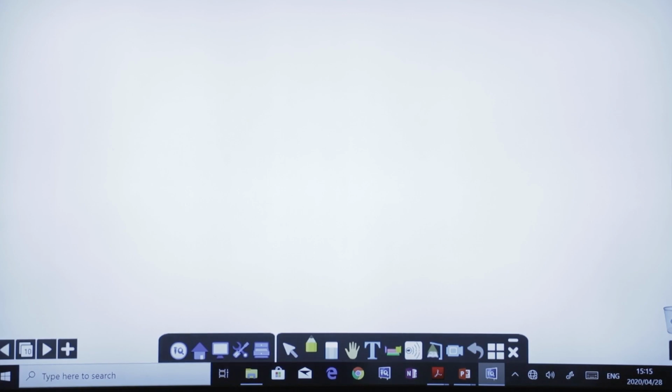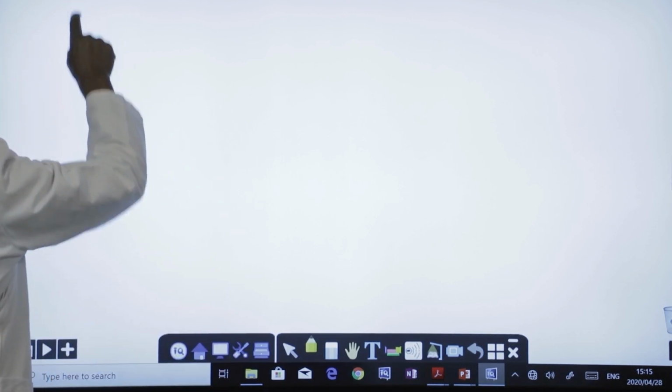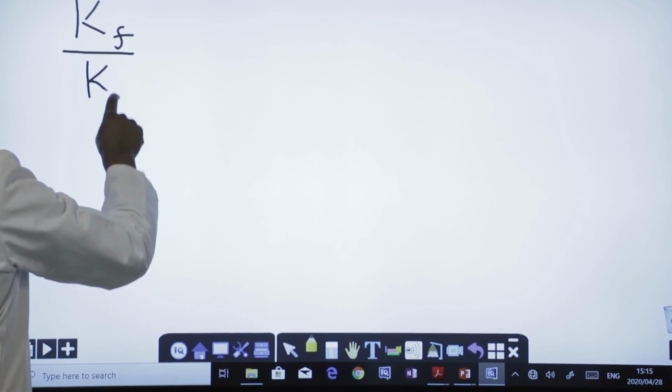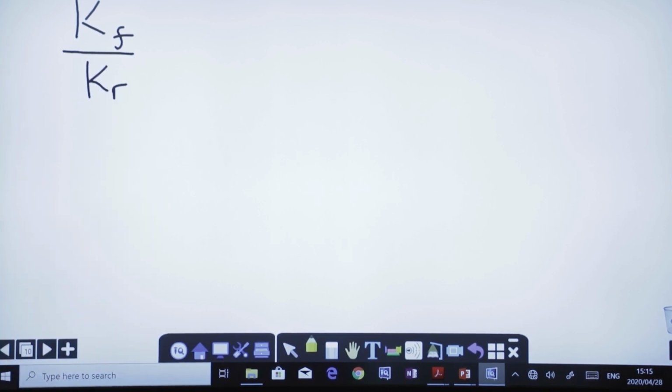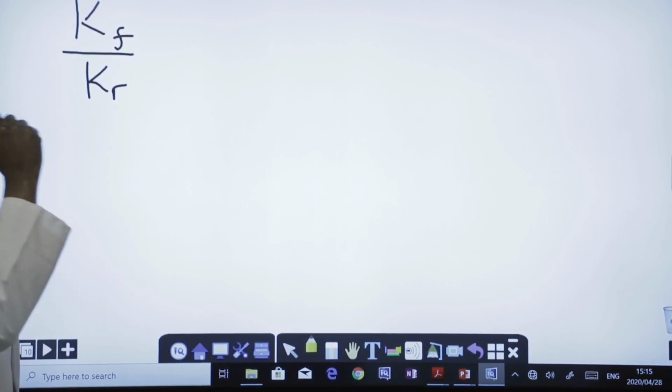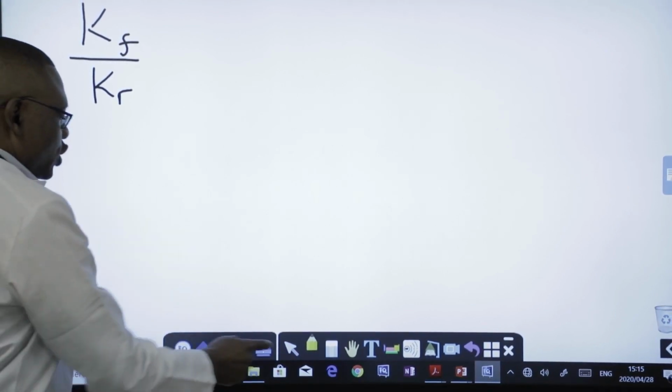So when that happens, we are saying the expression Kf over Kr is a ratio which is measuring how fast the forward reaction is taking place with respect to the reverse reaction. But we are saying at equilibrium, this value is constant. It doesn't change.